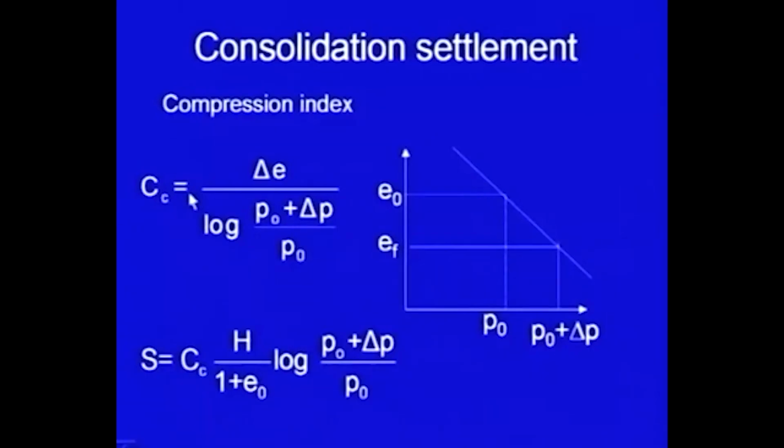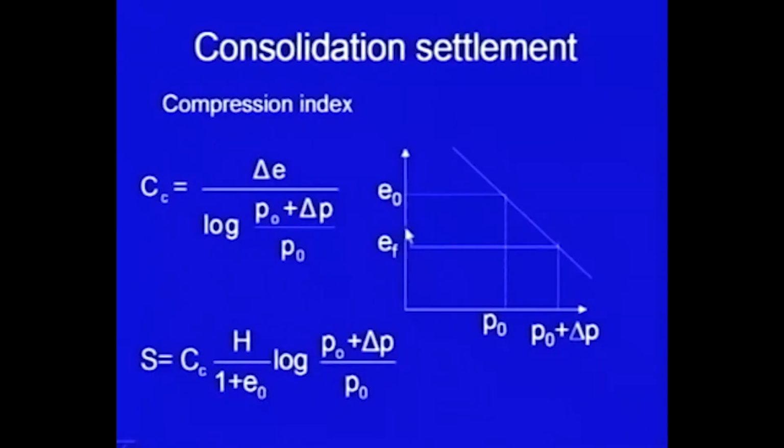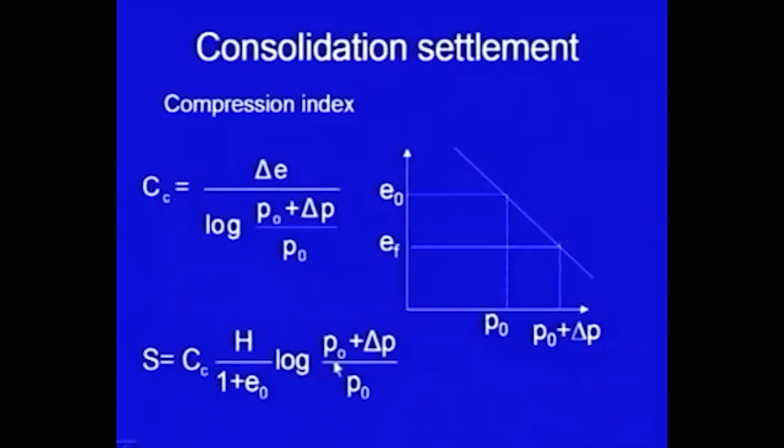Combining this equation and the previous equation of the settlement, I can get this expression for the settlement. S is equal to compression index multiplied by thickness of the layer for which you are calculating settlement, divided by 1 plus e naught, the initial void ratio, and then log of (P 0 plus delta P) upon P 0.